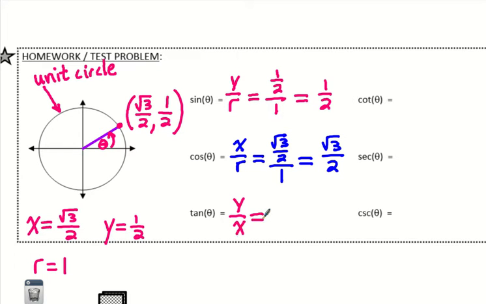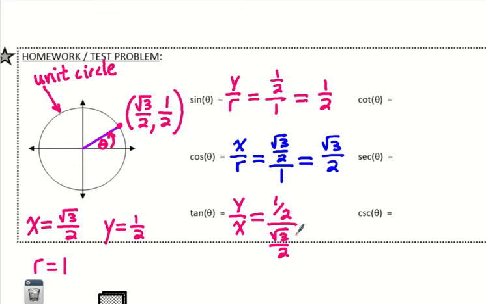So that's going to be my y value divided by my x value. Okay, so what do we have here? How are we going to work with this? I'm not going to leave this as my final answer. How do I do 1/2 divided by root 3 over 2?